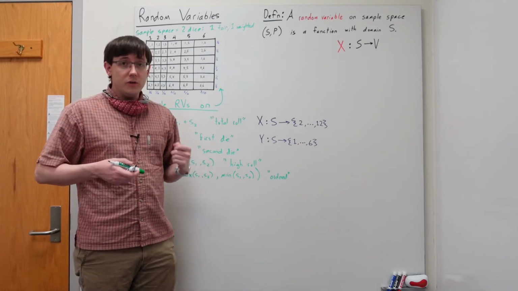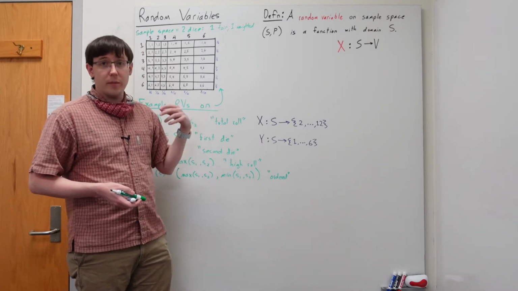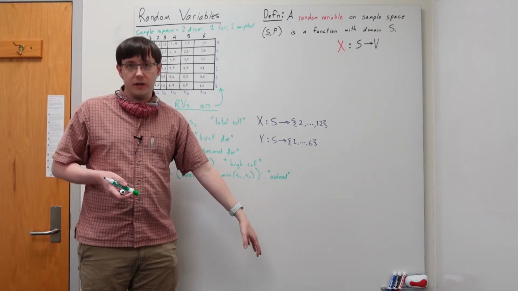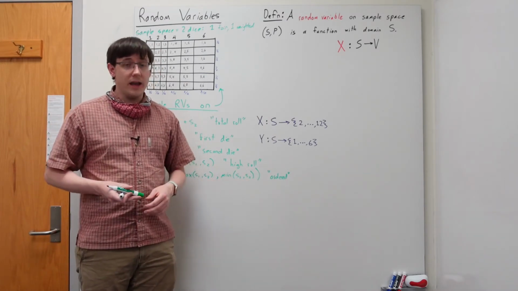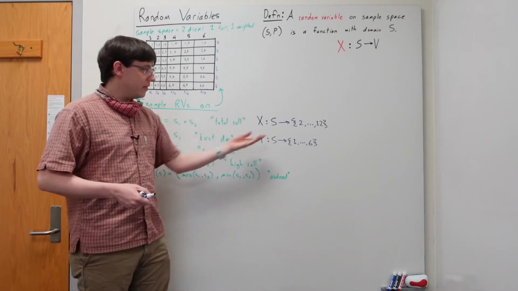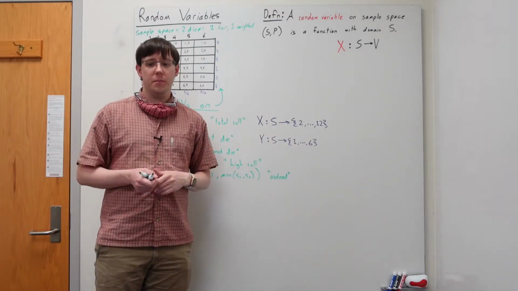So it's often useful to distinguish the random variables that produce numbers from those that produce other sorts of objects. And so we define a random variable to be real valued if the values that it can take on are real numbers.